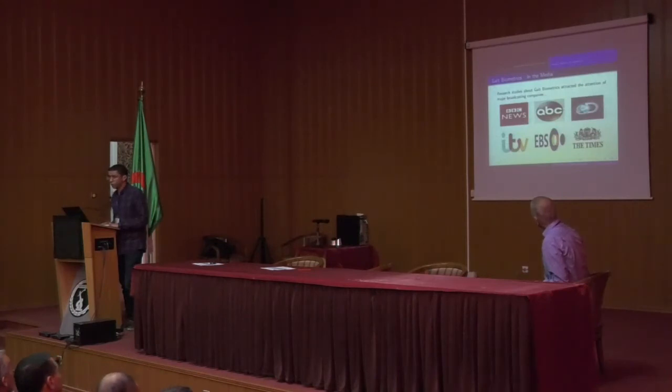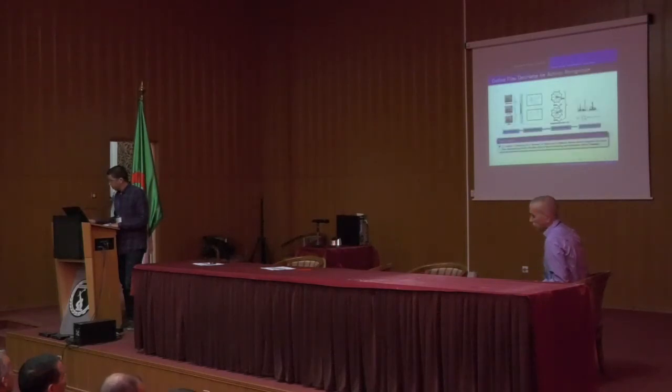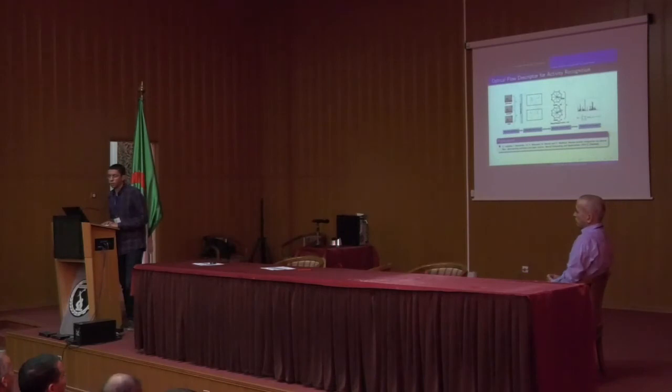And the research work we've been doing has been featured on many major news companies, including BBC, ABC, and Discovery Channel, and other media. The other part, which is automation methods for surveillance, is the detection of human activity recognition. So we've worked on a variance-based descriptor.